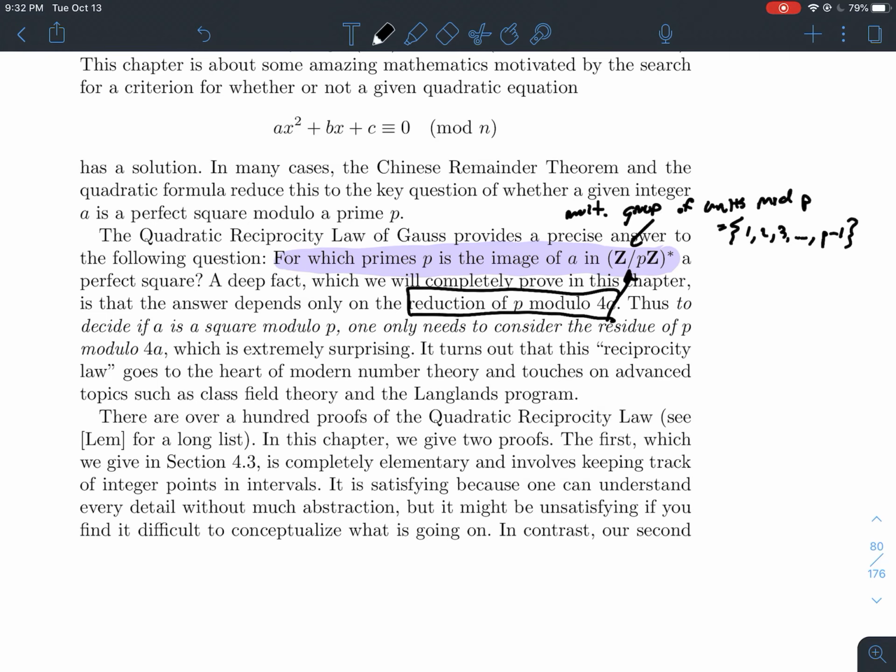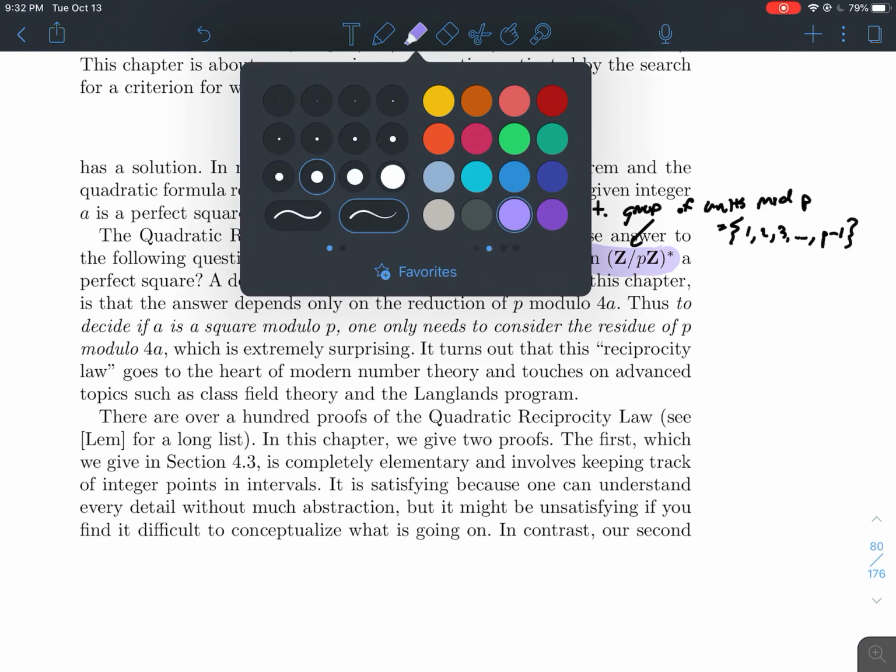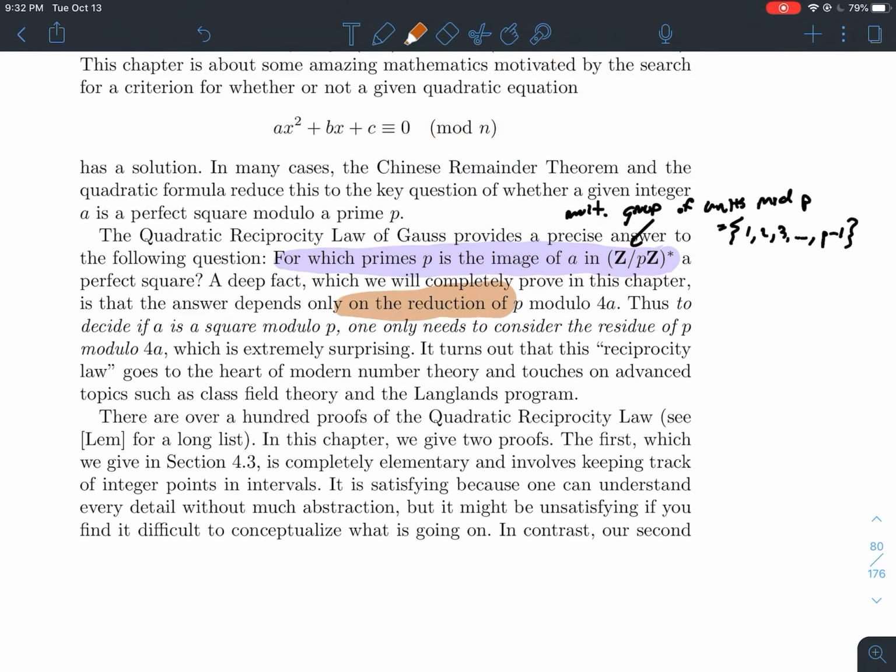So notice how a and p switch spots. That's this idea of reciprocity again. Notice that a and p switch spots in those two statements, the one I have highlighted there and this other one highlighted right here. So the fact that a and p switch spots is maybe motivation for why it's called reciprocity.